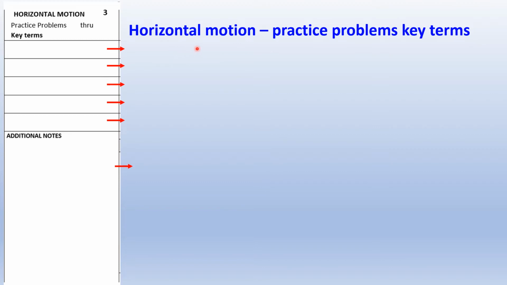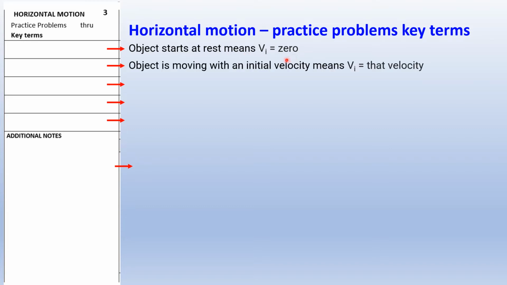Horizontal motion practice problems key terms. Object starts at rest means initial velocity is equal to 0. Object is moving with an initial velocity means the initial velocity Vi is equal to that velocity.